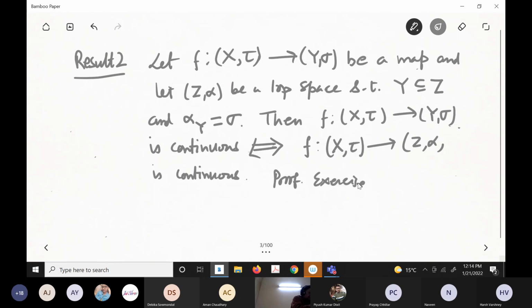That means it doesn't matter whether it covers the whole thing or not, as long as you have the same topology, in the sense that you are having a subspace topology. We say the range is immaterial.